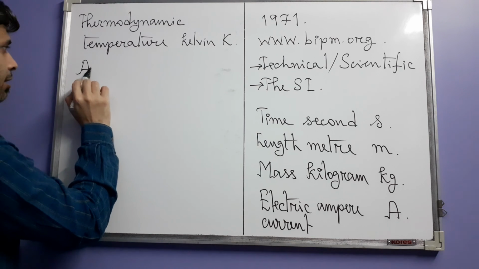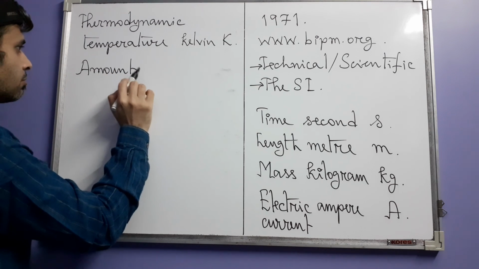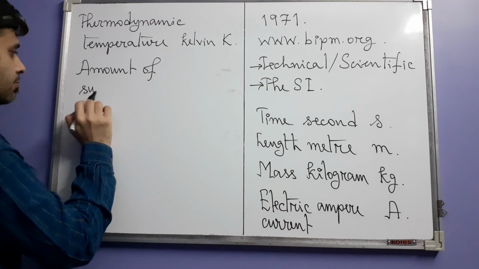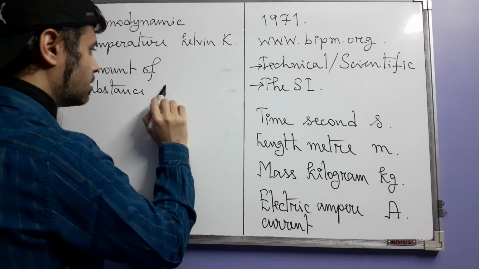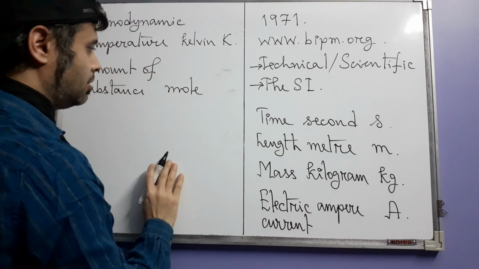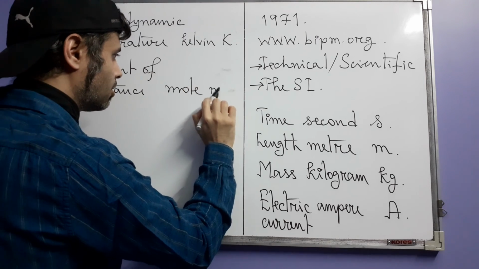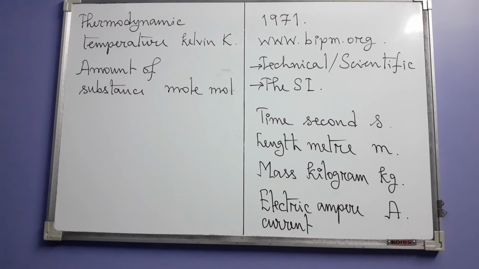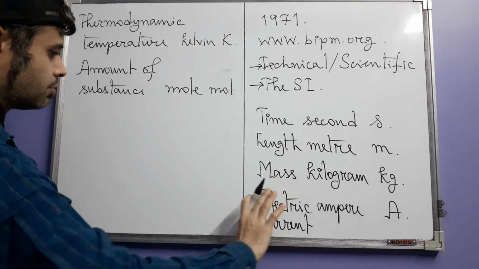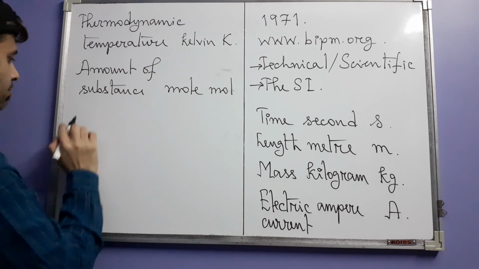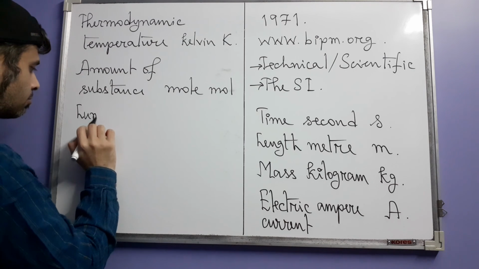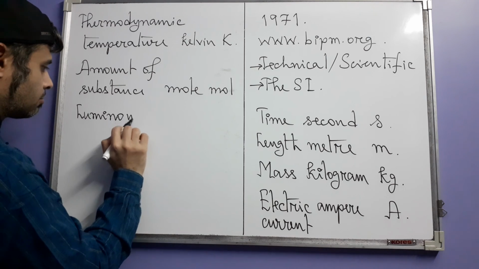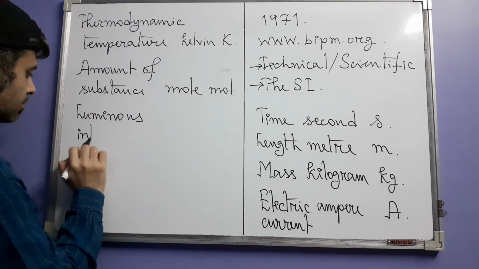Then you also have amount of substance. Here the SI unit is mole, M-O-L-E, and the symbol is mol. And you also have another one, because 1, 2, 3, 4, 5, 6, another one, this is luminous intensity.